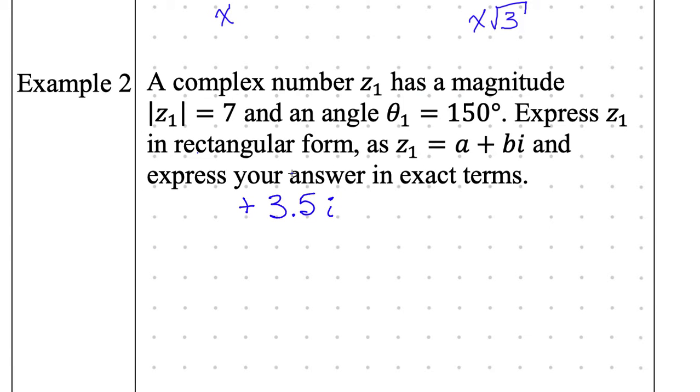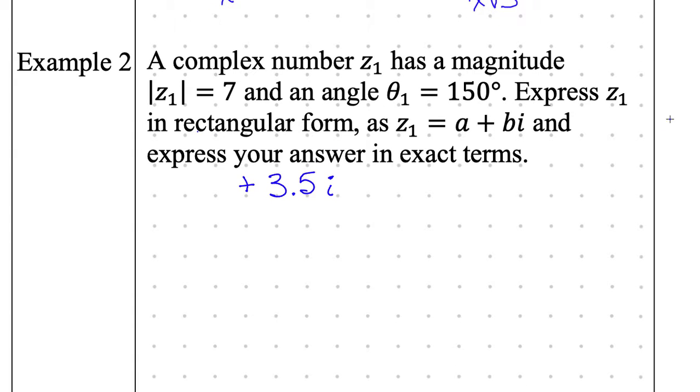Everything that says get it in exact terms will give you some sort of special right triangle. The way that you're going to find this is by actually making a little sketch. So here's my sketch. Make your complex plane. I'm going to say 150 degrees. Well, I know that right here would be 90 degrees if it's straight up. 150 degrees is 60 more than 90, or I can think of it as 180, which is over here, minus 30, so right about there.